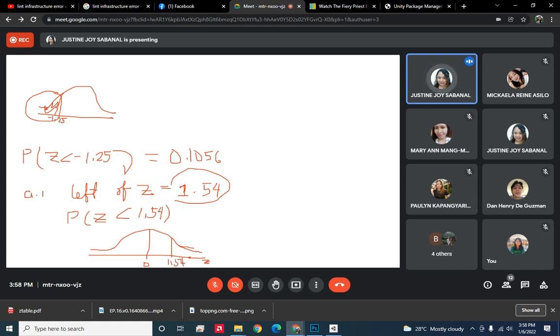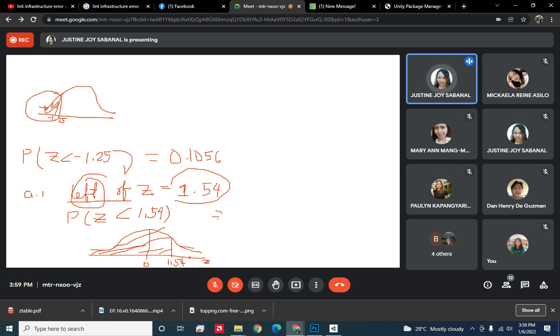Kanan ng 1.54 or kaliwa ng 1.54? Since the direction stated in the given is to the left, from 1.54 up to the tail ends of the normal curve. Pag yan, lumampas na yung area nyo doon po sa mean natin, ibig sabihin greater than 50% po yung dapat natin na makuha na value.